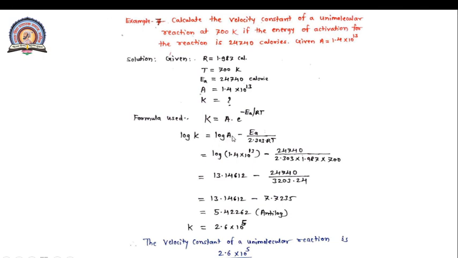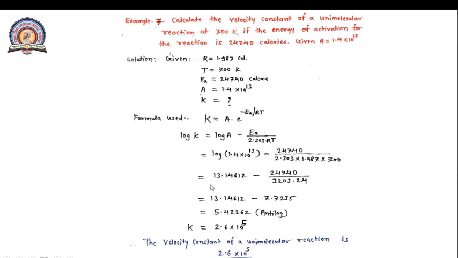Now the value of A is given, so log K is equal to log of 1.4 into 10 raised to 13 minus the energy of activation, which is 24,740, divided by 2.303 into the value of R, 1.987, into temperature 700. Then solve this.